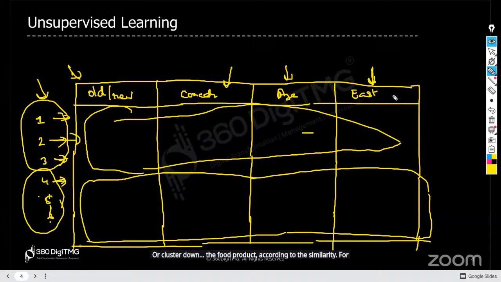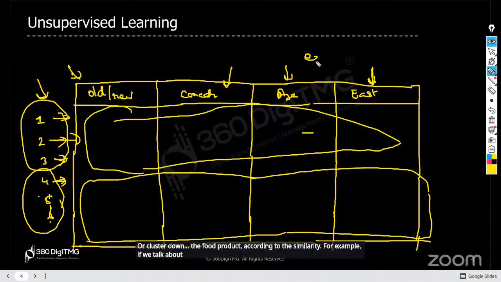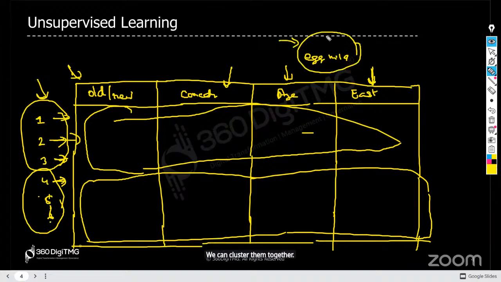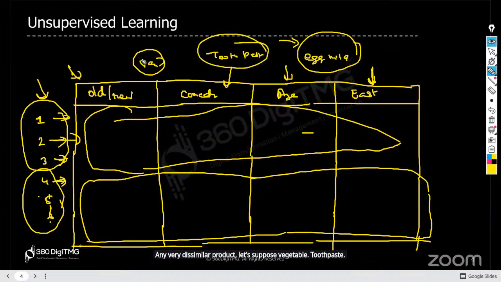For example, egg and milk we can cluster together, or bread and butter, or toothpaste and brush. But we can't cluster very dissimilar products, let's suppose vegetable and toothpaste, because there is a lot of dissimilarity between them.